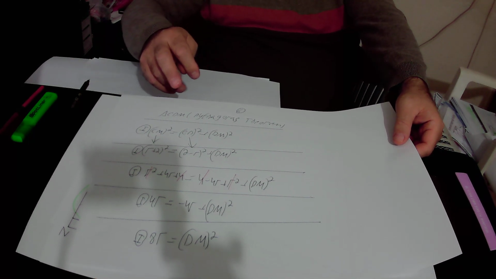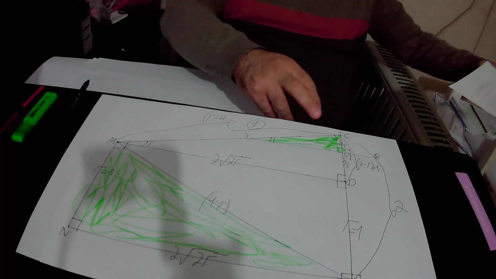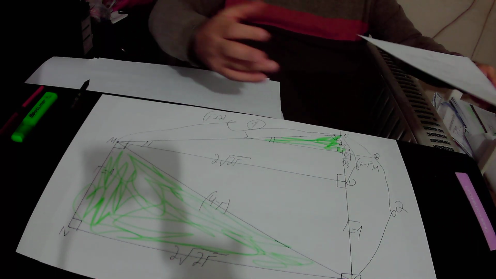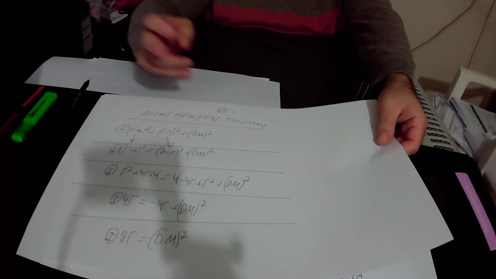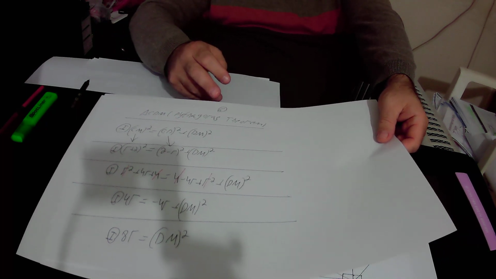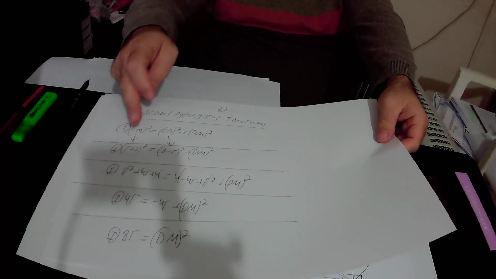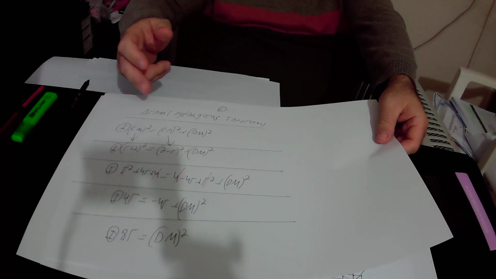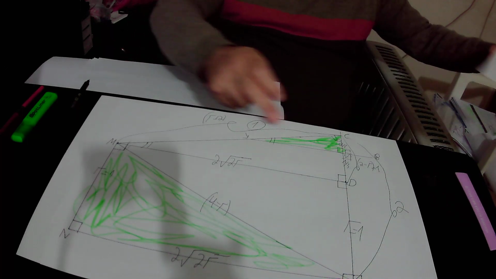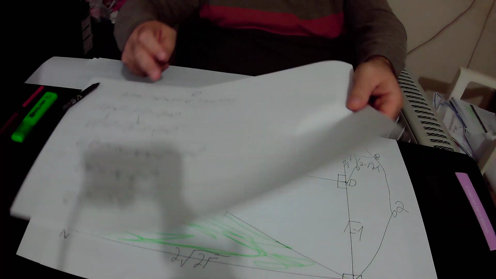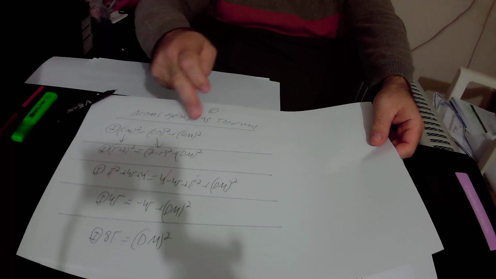The hypotenuse is CM, so CM squared equals CD squared plus DM squared. CM equals R plus 2, therefore CM squared is R plus 2 squared, and CD equals 2 minus R, therefore CD squared is 2 minus R squared, plus DM squared.